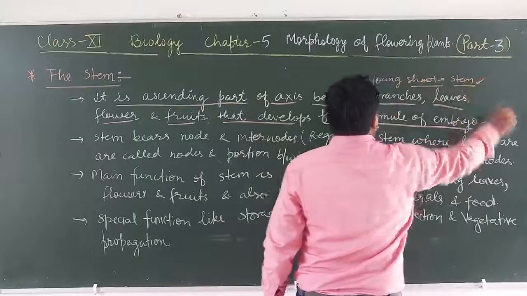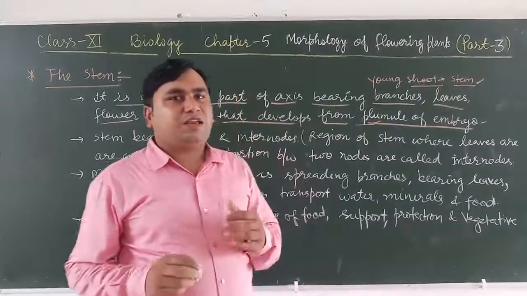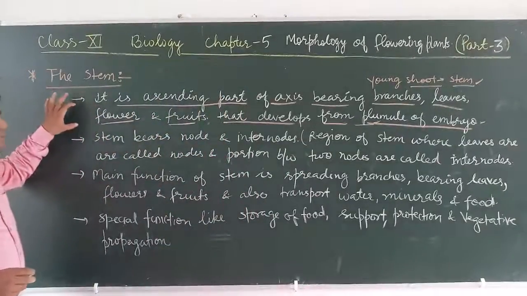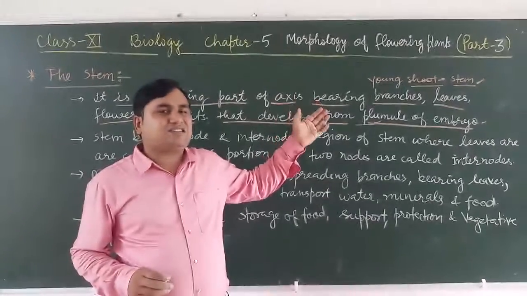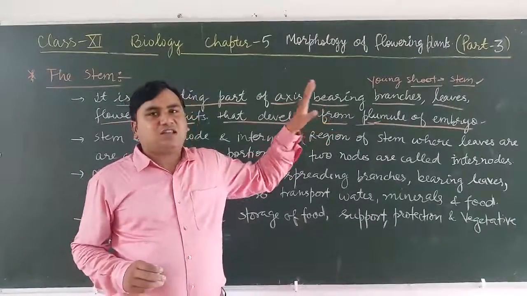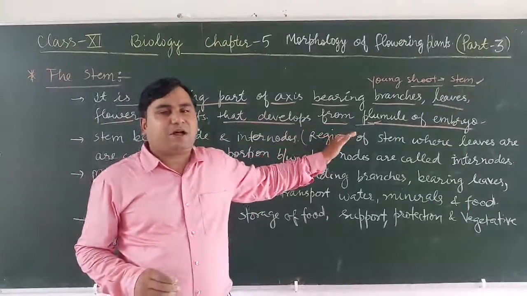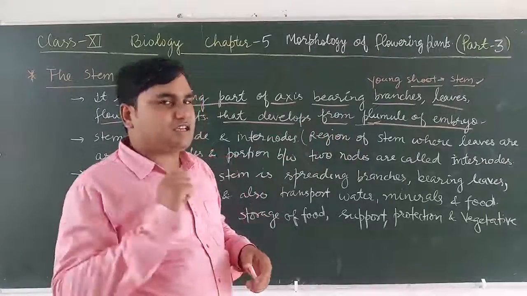Young stems are soft and slicey like. So simply we can say this is stem: the ascending part of the plant, the axis bearing branches, leaves, flowers and fruits, developed from the plumule of the embryo of the germinating seed.